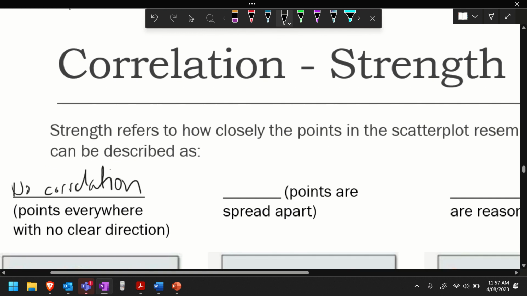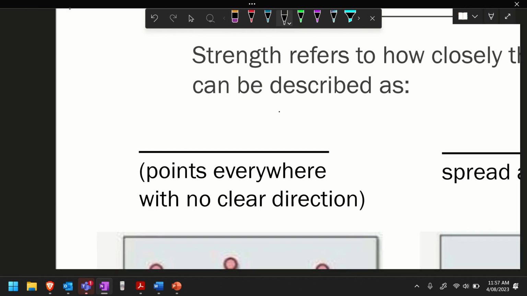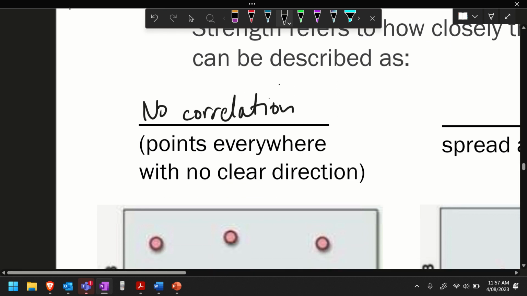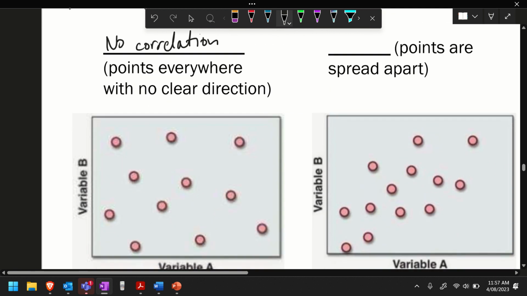Sorry for the bad writing, but we write no correlation for that one. I'll fix that up. So whenever you get data that's just a bit too crazy, you don't really see a clear direction, it's very spread apart, or it might be together but just all over the graph, there's no correlation.